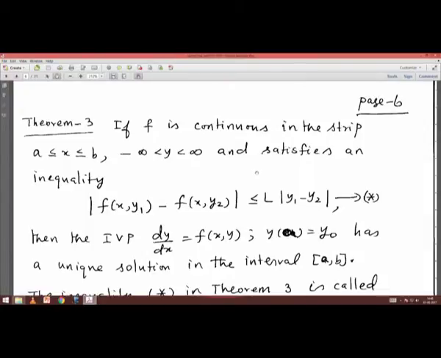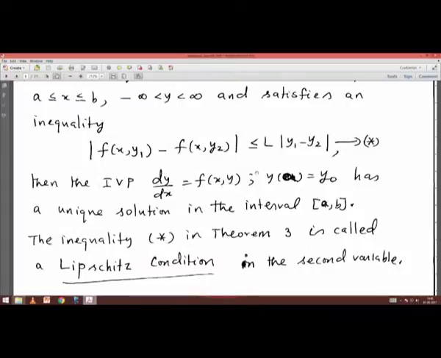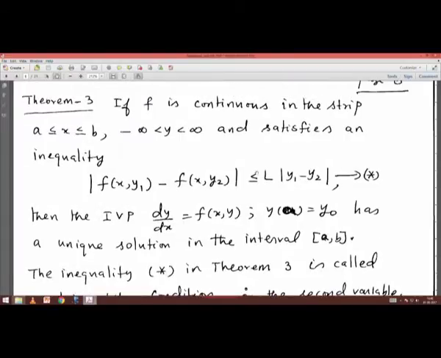So, if you consider a strip bounded by x equal to a and x equal to b and y runs from minus infinity to infinity, and if f is continuous in this strip, and in addition f satisfies an inequality, modulus of f of x comma y1 minus f of x comma y2 is less than or equal to L into mod y1 minus y2. If this condition is also satisfied, then the initial value problem for the first order equation has a unique solution in the entire interval [a, b].